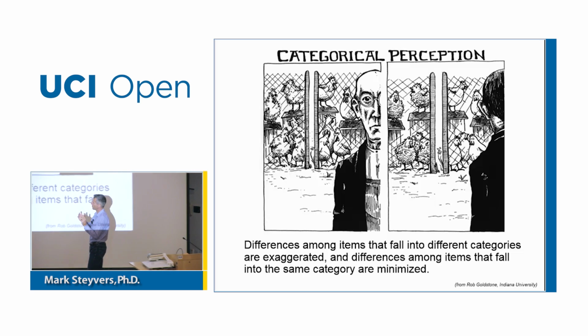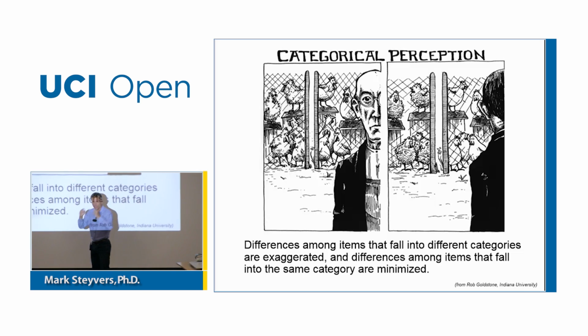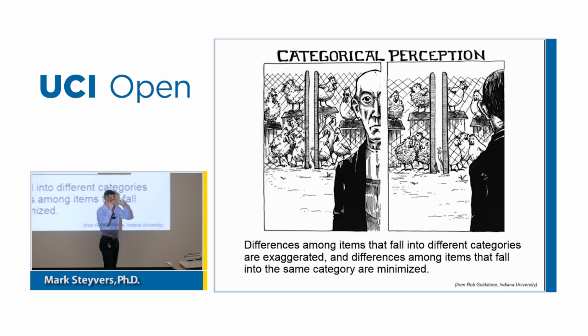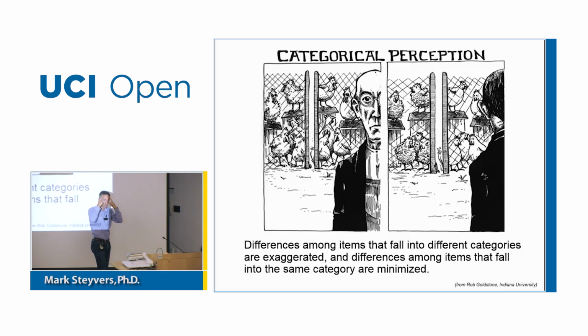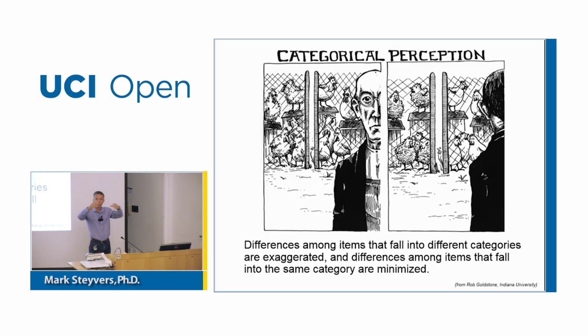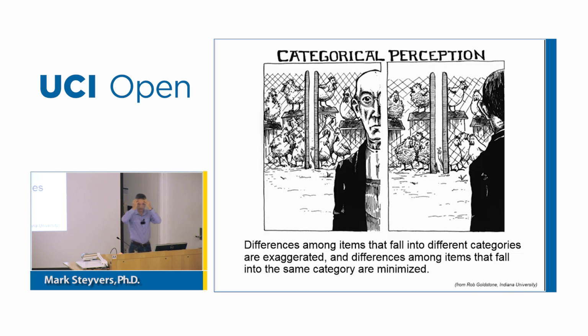So that's categorical perception. But those differences are in your mind. The real physical world and what the differences are might be very different from your perceived differences between categories and within categories.